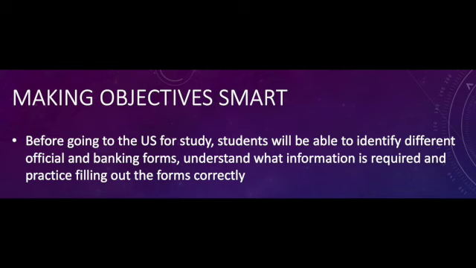Next, before going to the U.S. for study, students will be able to identify different official and banking forms, understand what information is required, and practice filling out the forms correctly. So this one is appropriate because we have a group of students, probably like yourselves, who are going to the United States for a period of time. So it's time-oriented and it's appropriate to be doing in an English language classroom.